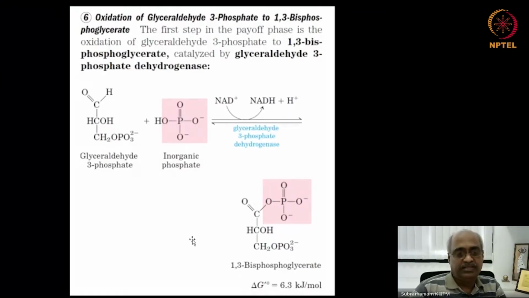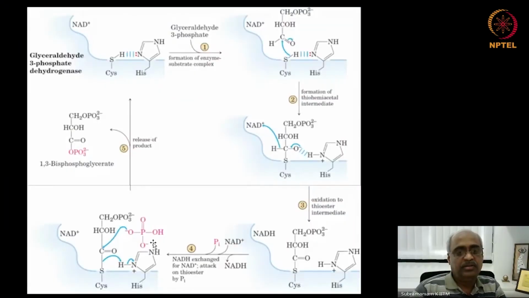And so let us look at its reaction mechanism. This is the active site of the enzyme where you have the oxidized NAD bound, and then you have this non-covalent interaction between the sulfhydryl hydrogen and this electron-rich nitrogen, forming an interaction here.